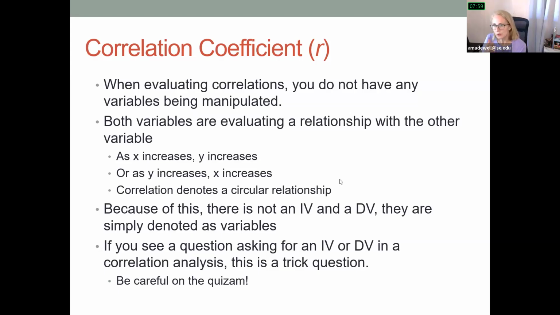As you smoke more cigarettes, your lung capacity decreases. So as you smoke more cigarettes, lung capacity is decreasing. We can see that that's a relationship. We know that from past research. As you consume more calories, what happens to your waistline? Calories, waistline, calories, waistline.